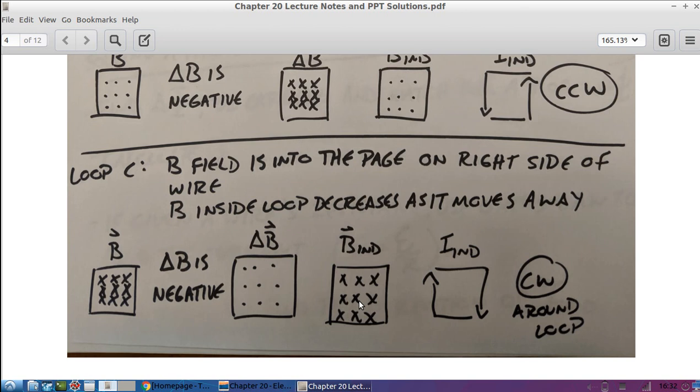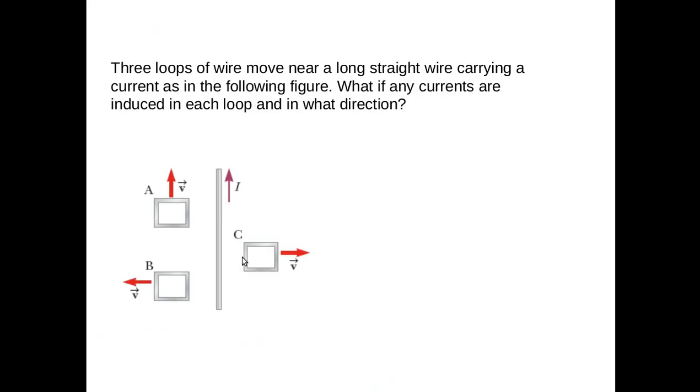Point my thumb in the direction of B induced, into the page, and my fingers curl in the clockwise direction. So the induced current for loop C is different than loop B. It's opposite, because delta B is the opposite direction, so B induced is the opposite direction. So I've got a clockwise current for loop C.